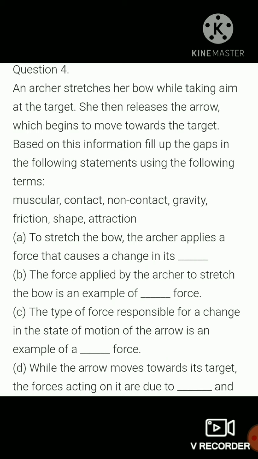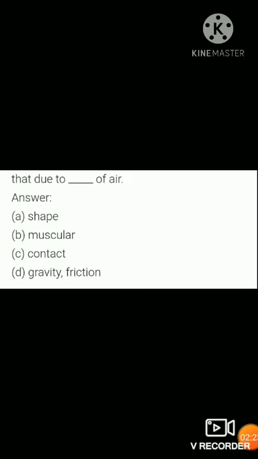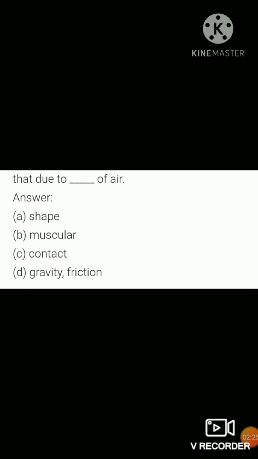While the arrow moves towards its target, the forces acting on it are due to gravity and that due to friction of air. ये आंसर दिए हुए हैं, देख लें आप और इसे फिल कर लेंगे उन ब्लैंक्स में.